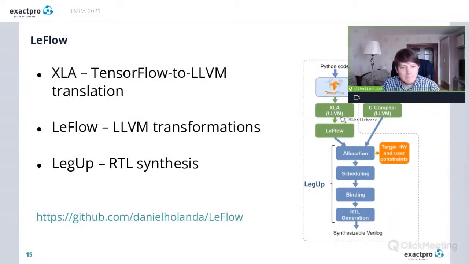Then the LLVM model of the input neural network is transformed by the LeFlow tool, which transforms it into a more hardware-style model. It adds some additional variables, signals, and then this transformed model is synthesized by the GAP synthesis tool into the Verilog model.